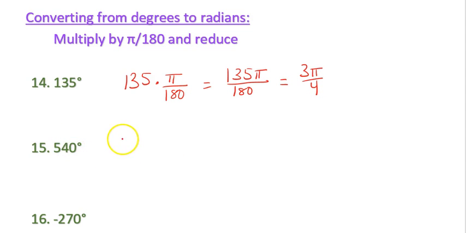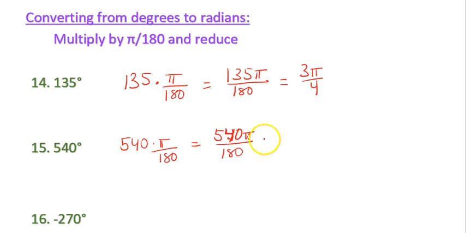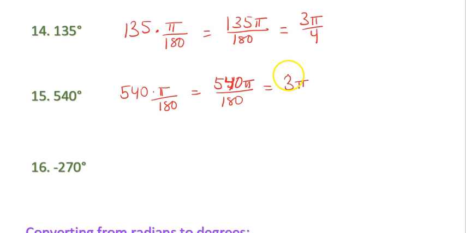Same thing with 540. I'm going to take 540, multiply by pi over 180. So that gives me 540 pi over 180, and then I just need to reduce that fraction, and I get 3 pi. It doesn't matter if it's negative.